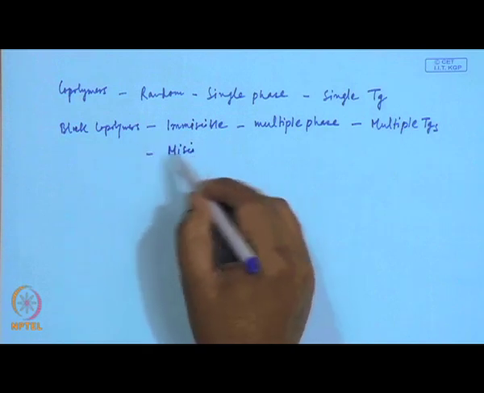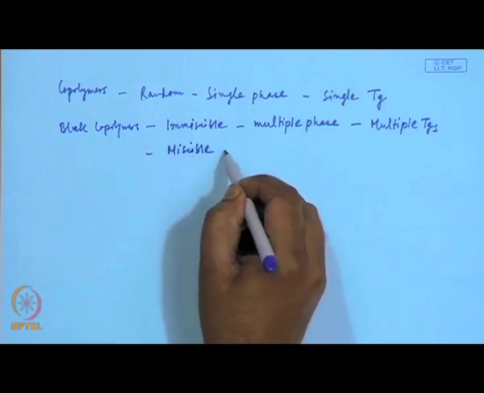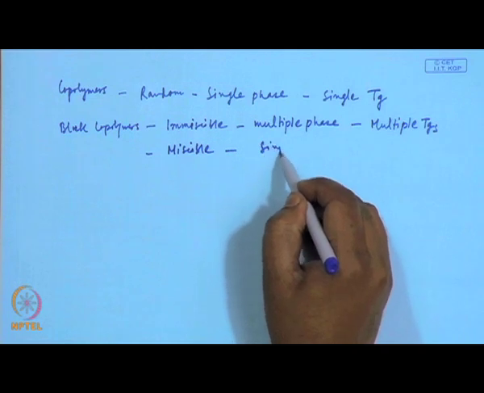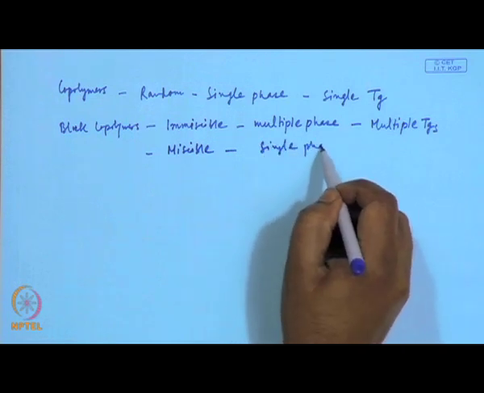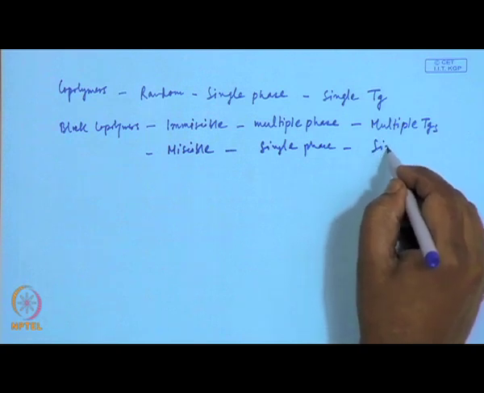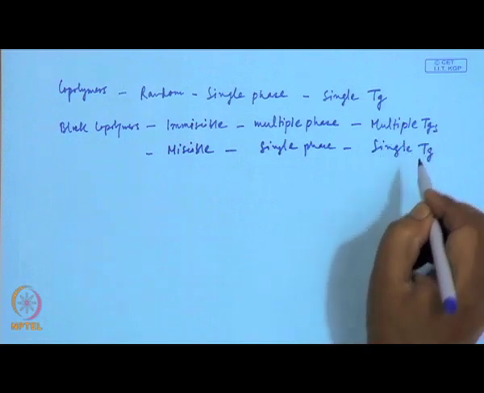So, if we talk about a small block, then we are going to get a slightly lower Tg than a large homopolymer. You have to keep in mind that if you take a small block, then Tg will be lower compared to a homopolymer which has a higher molecular weight. If the two blocks of the copolymer are miscible, then obviously you are going to get a single phase, which will give us a single Tg.